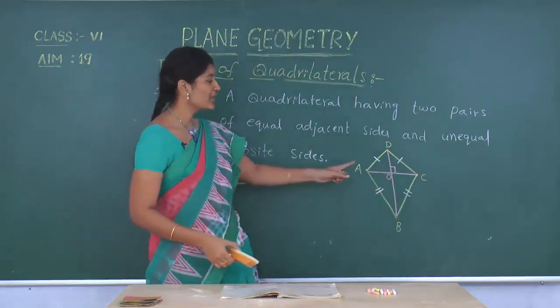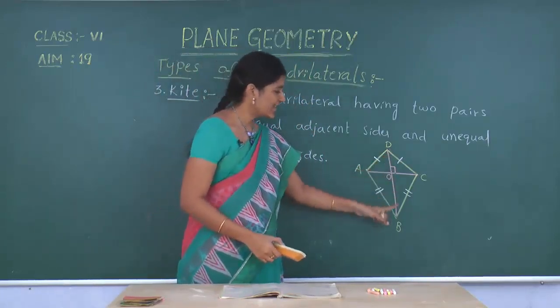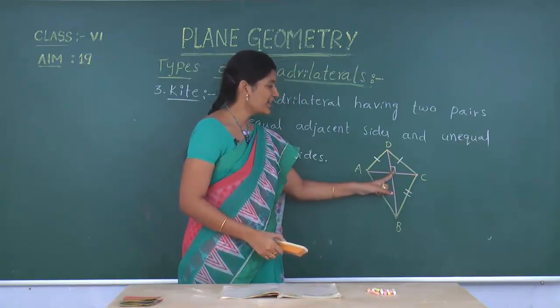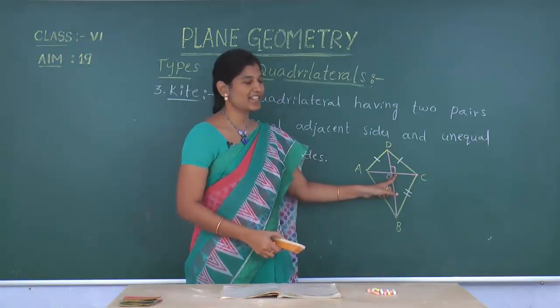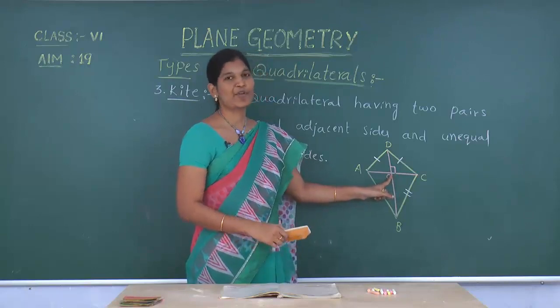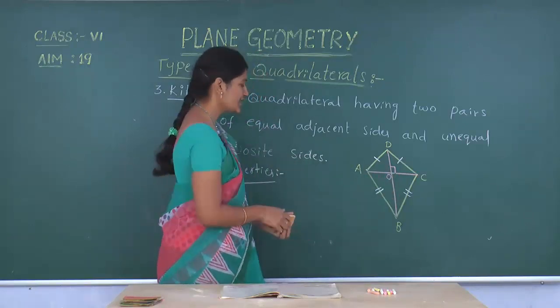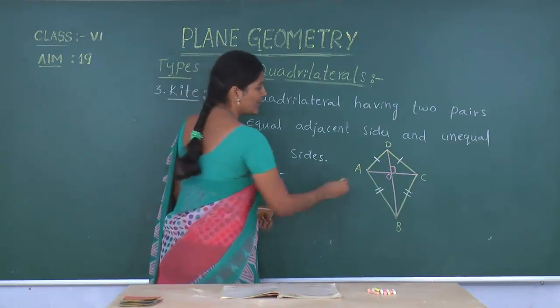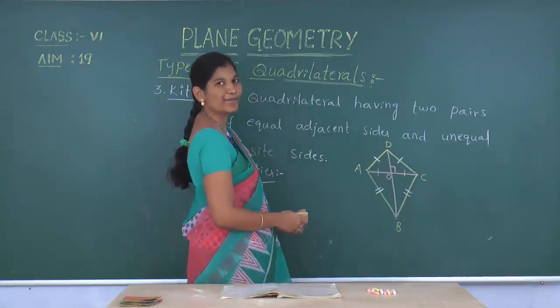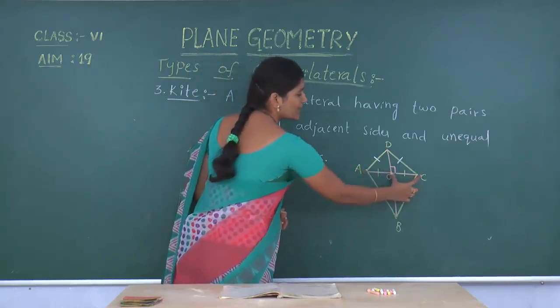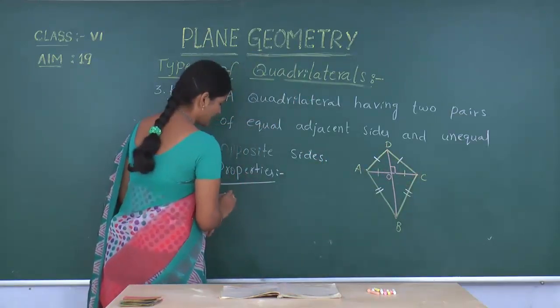Perpendicular means they make 90 degrees at their intersecting point. And the second property is OA is equal to OC.